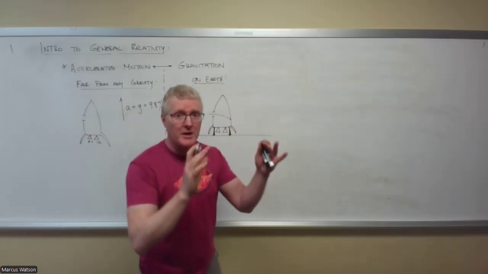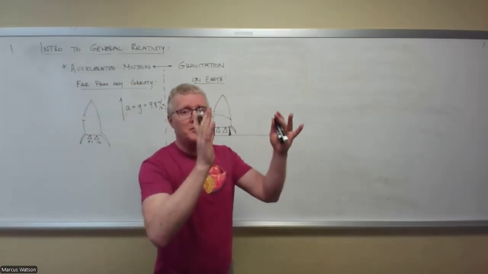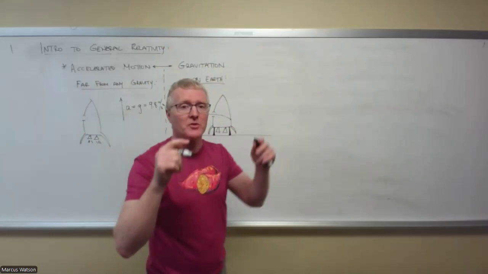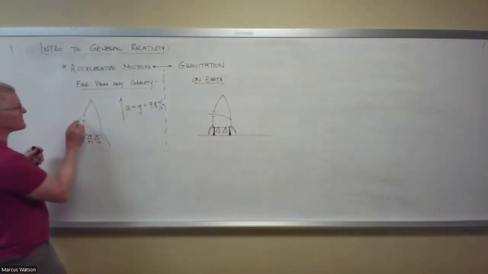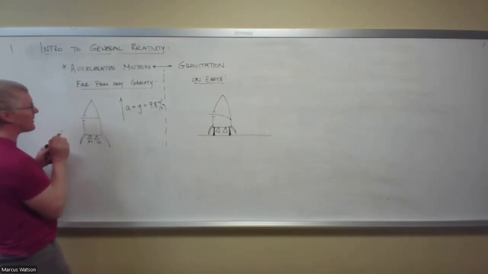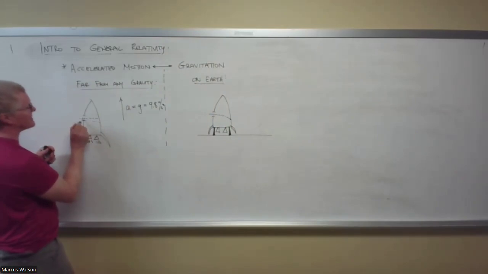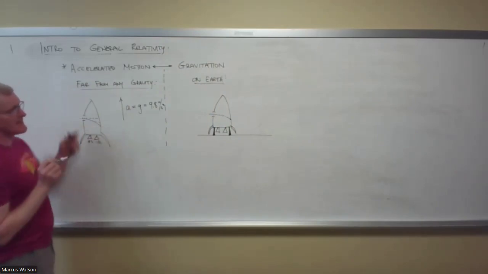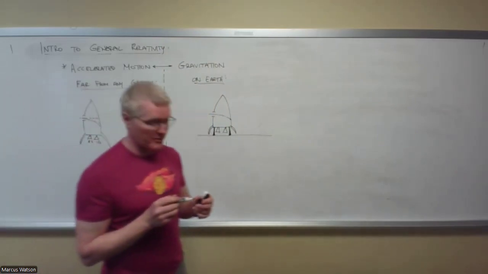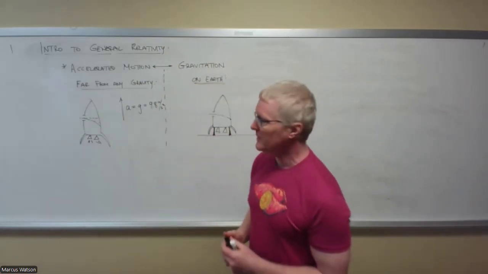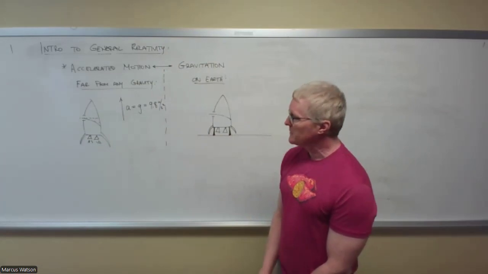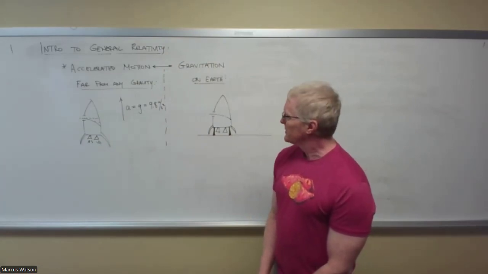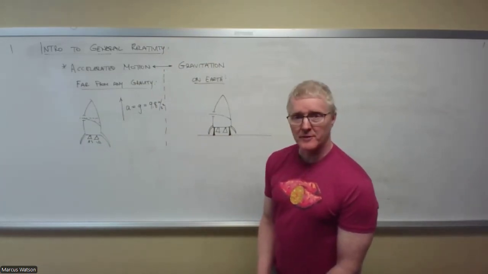However, the rocket ship is getting faster and faster and faster going this way, which means that it looks like the baseball, instead of just going straight across, and instead of just going down in a linear sense, goes down in a curved sense, exactly as it does over here on Earth. Exact same trajectory. Hopefully that makes sense so far.